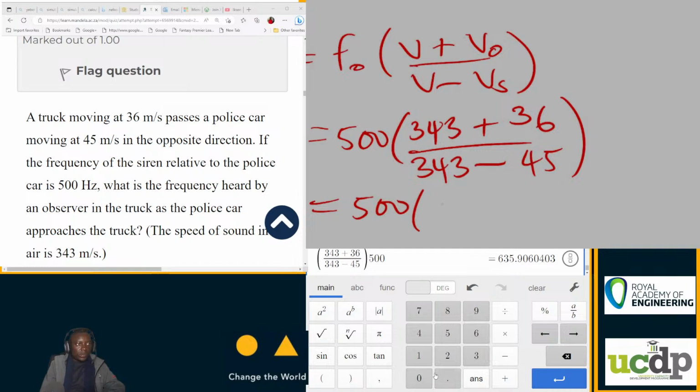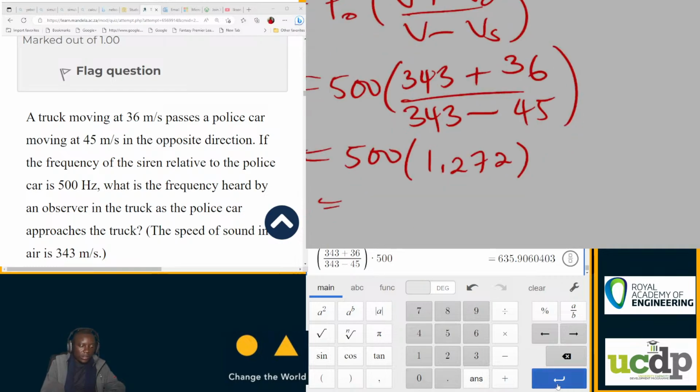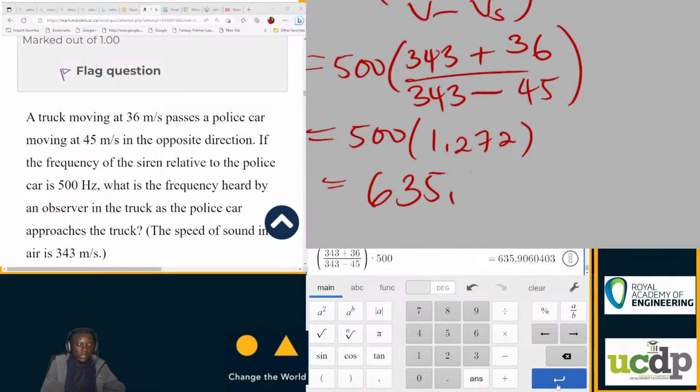So that's 500 times 1.272, and you get 635.9. So the frequency is 635.9 Hertz, the higher frequency, which makes sense.